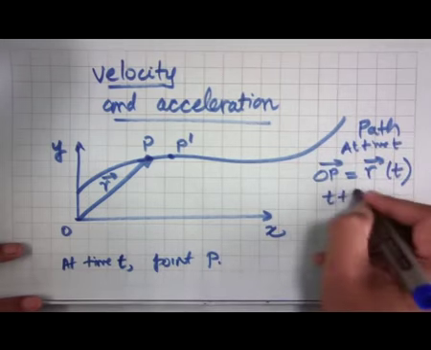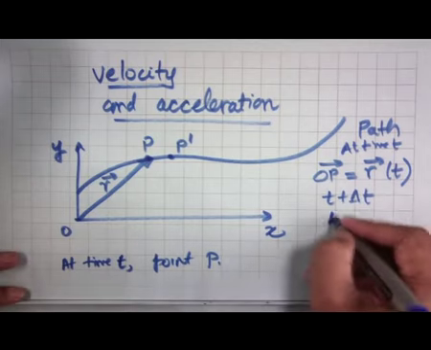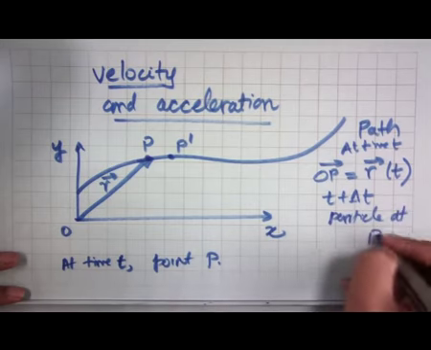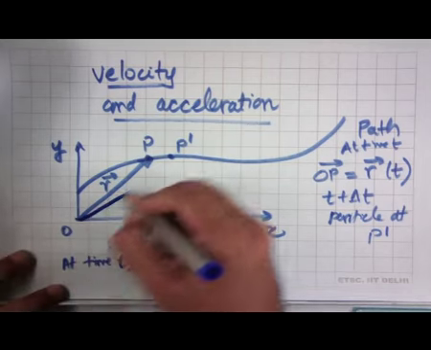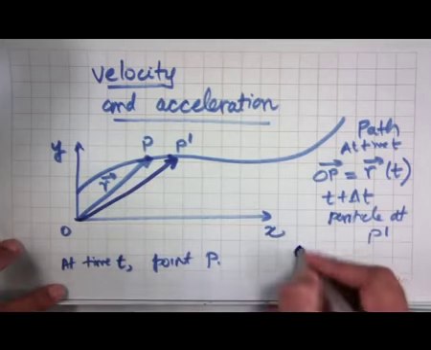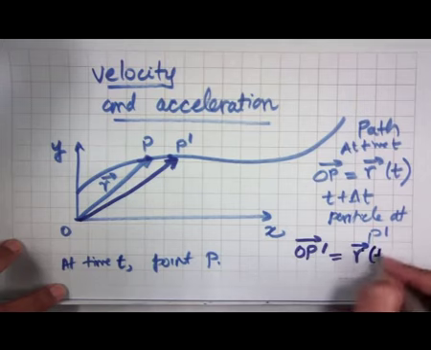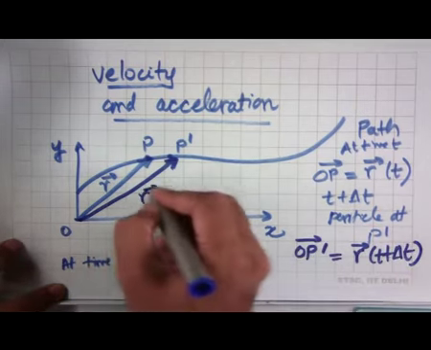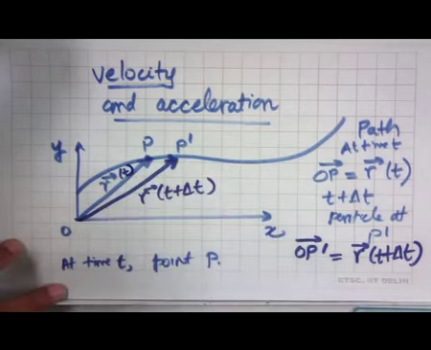At time t plus delta t, the particle is at P prime. So, the position vector is given by OP prime. This vector is the position vector at time t plus delta t. So, this is r at t plus delta t, this is r at t.